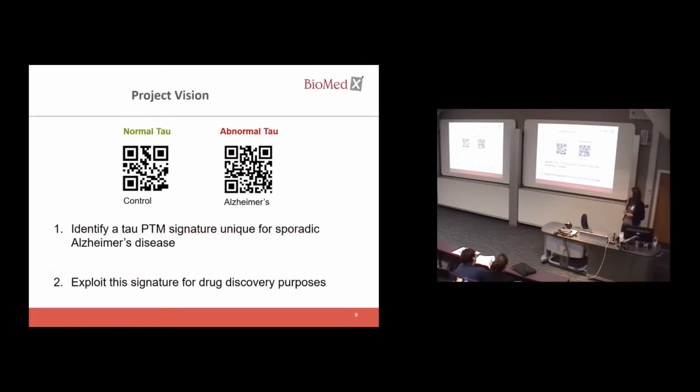So our vision is really to identify a PTM signature for tau, and to see if we can find one that correlates with Alzheimer's disease states, because then you could exploit the signature and look for potential therapeutic targets. You might also be able to use it as diagnostic markers and so on.